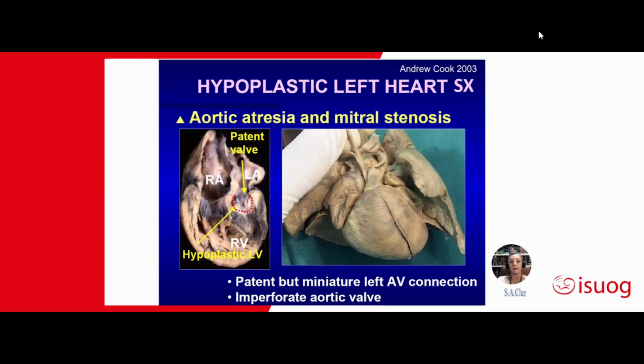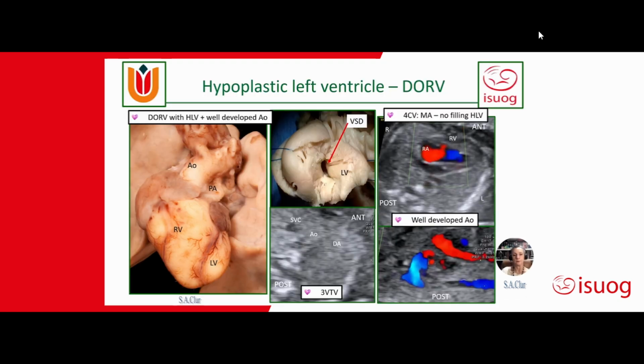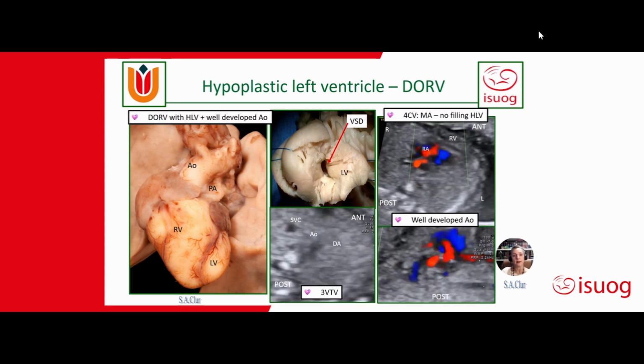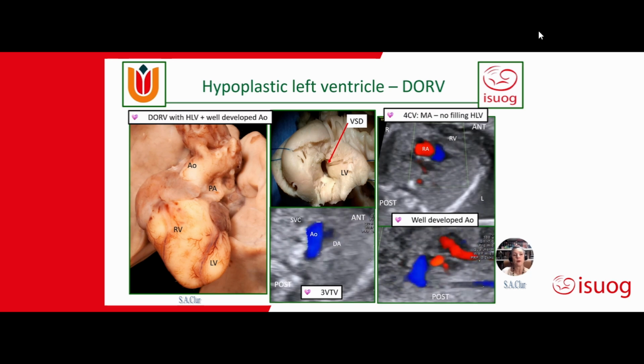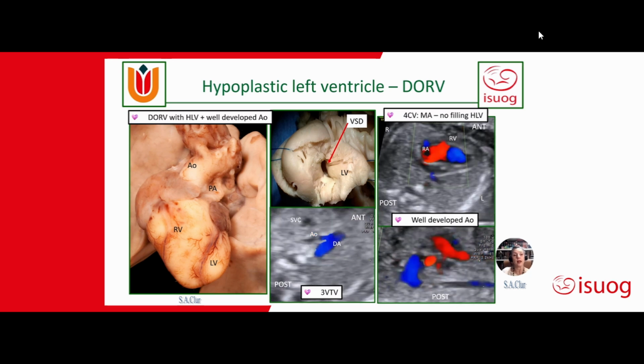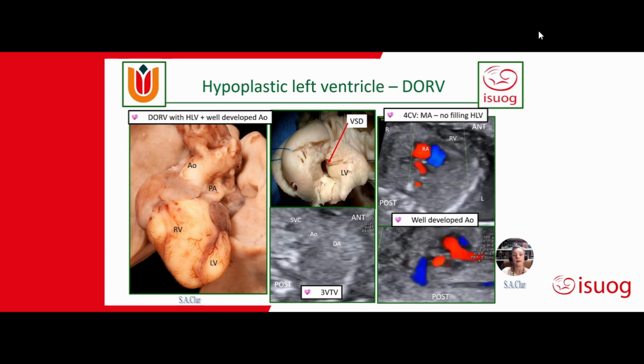Here we have mitral stenosis with aortic atresia. You see there's a small little left ventricle, patent mitral valve, but a very small hypoplastic ascending aorta and arch. It is possible in the setting of mitral atresia or mitral stenosis to have a well-developed aortic arch, as is seen in the specimen on the left side.